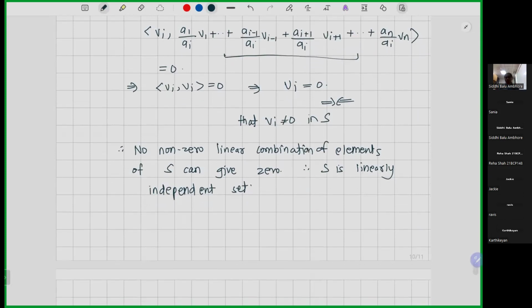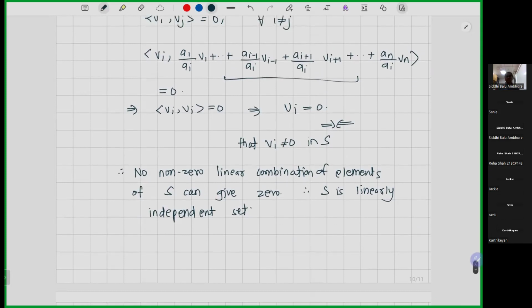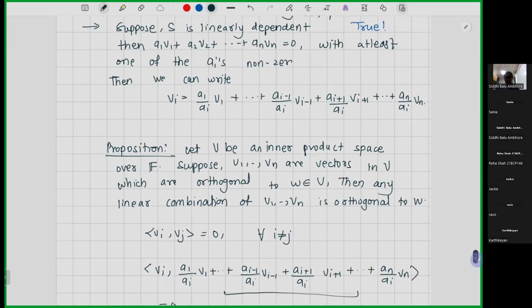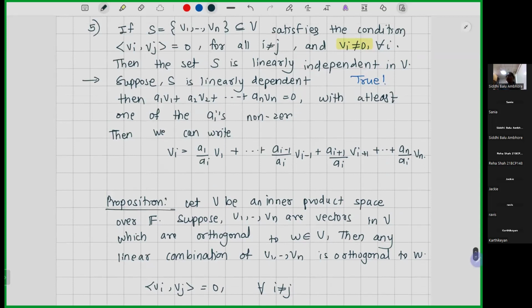Okay, any doubts here? We did the same calculation last week as well.